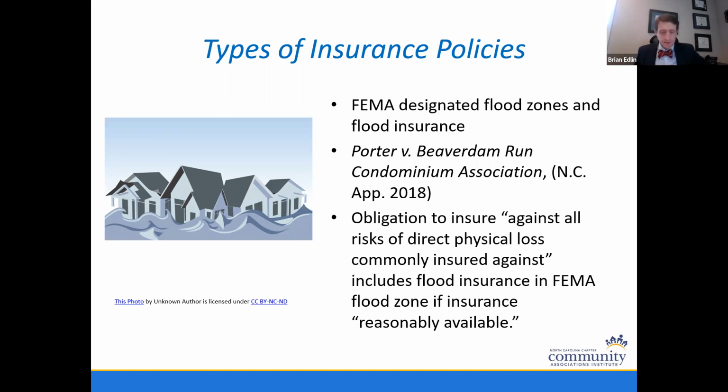There's a similar provision in the Planned Community Act as well. So there is an obligation for the association to rebuild, and specifically the statute says that the insurance proceeds have to be adjusted by the association. So the association is involved in the claims process.